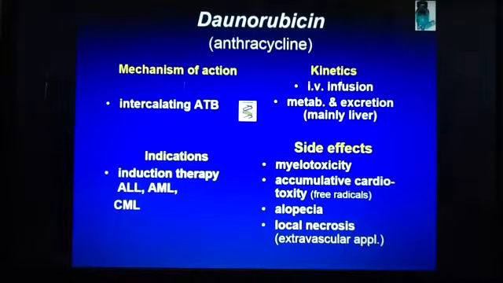Next, side effects: myelotoxicity, accumulative cardiotoxicity. Thinking about here, free radicals. Alopecia, losing hair. Local necrosis. Extravascular application. So try to remember all of these side effects and MOAs for doxorubicin, which is an anthracycline.